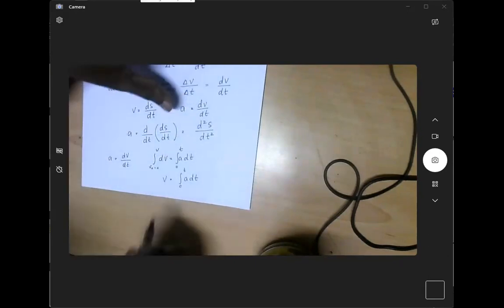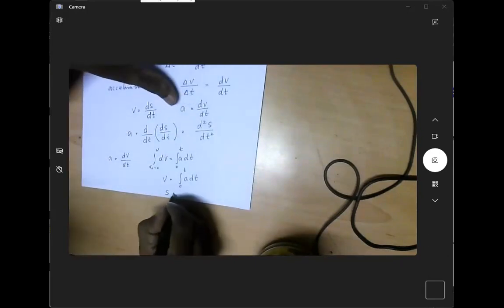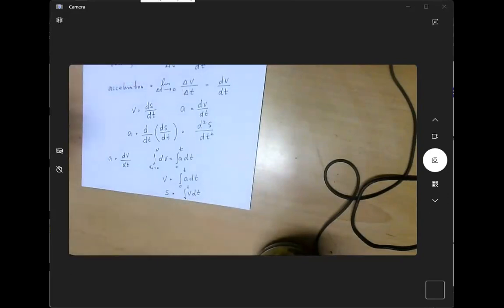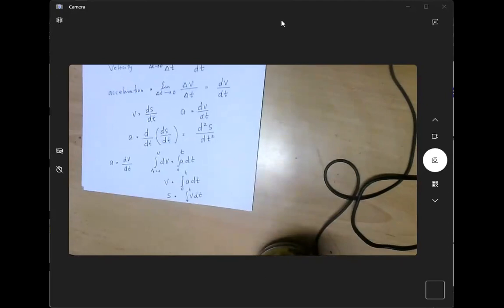And in the same way, we can define the equation for S, integral 0 to t of v dt. Anything you want to ask?